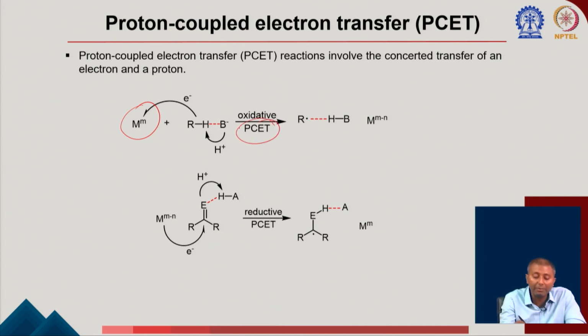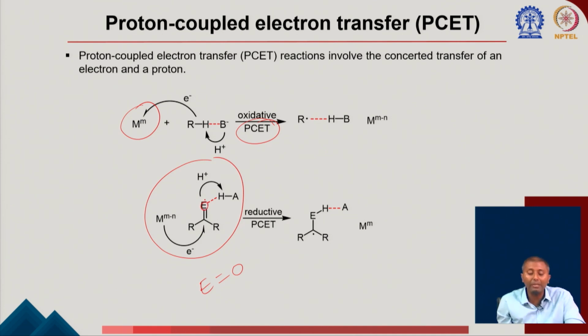So what is going to happen in this particular example: if you have a carbonyl group here, especially we are talking about E equal to oxygen. In a carbonyl group, in the presence of a proton source, this oxygen is going to get protonated. The reduction of this carbonyl group is highly dependent on whether you have the protonated form or a non-protonated form.